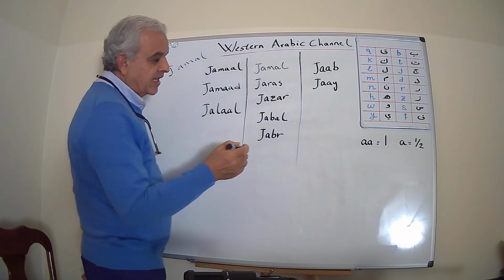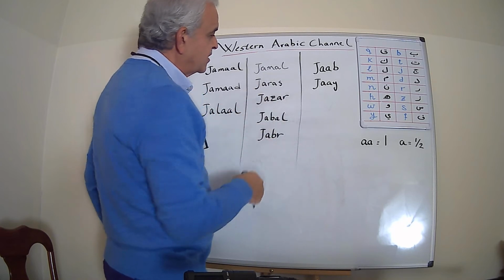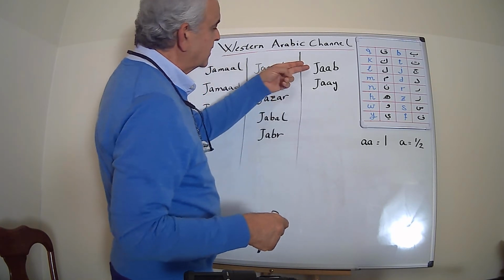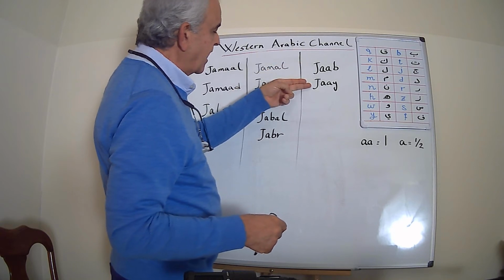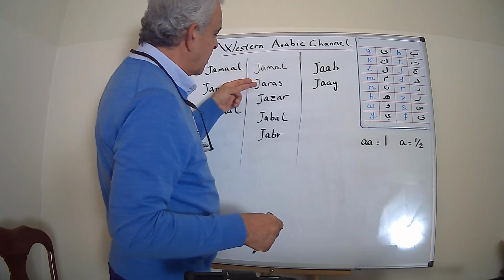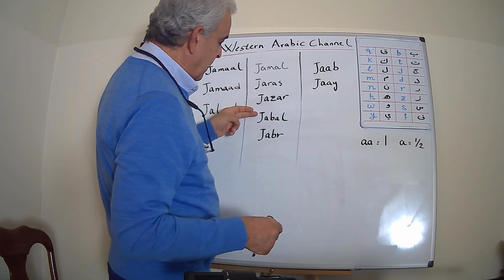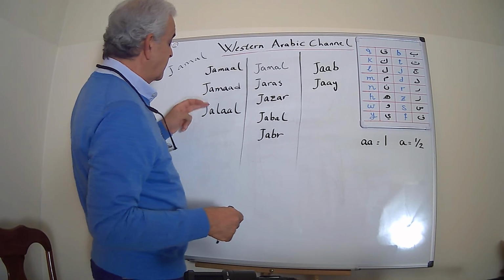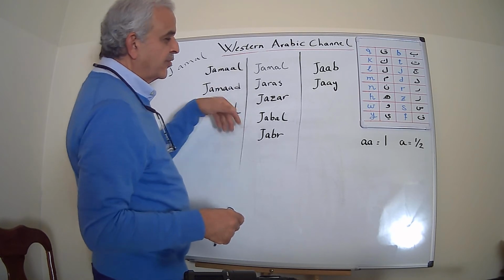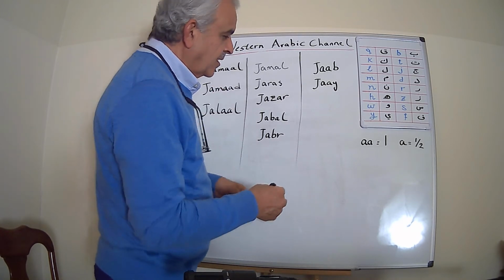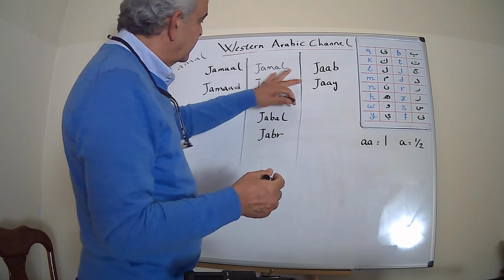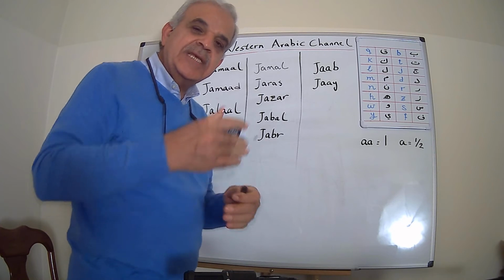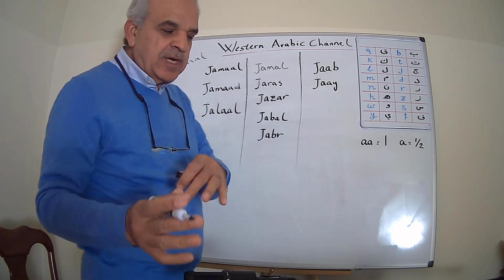I assume that many of us know Jab, Jay, Jamal, Jaras, Jazar, Jabal, Jabr, Jamal, Jamad, Jalal. All those words we know in our daily life, and now we know how to write them in English letters in order to go to the next stage of transferring them into Arabic letters.